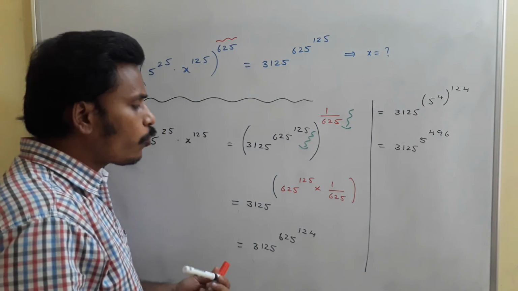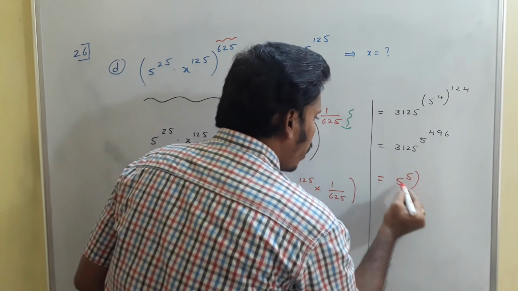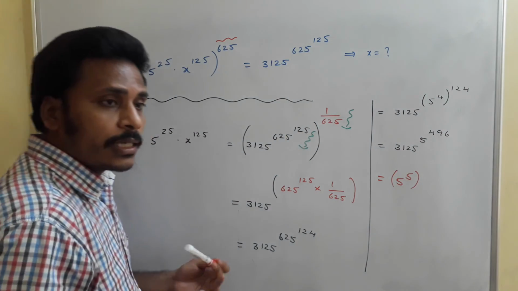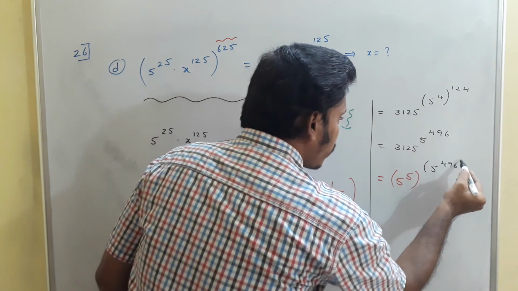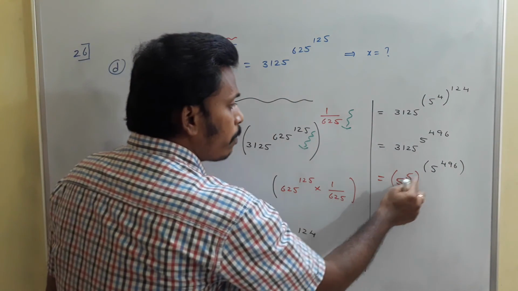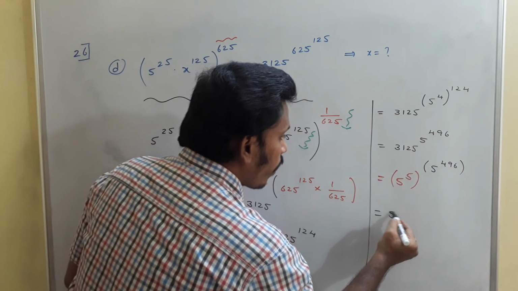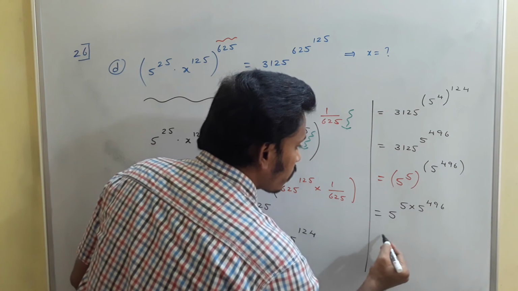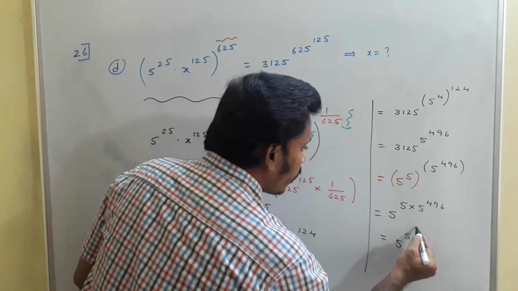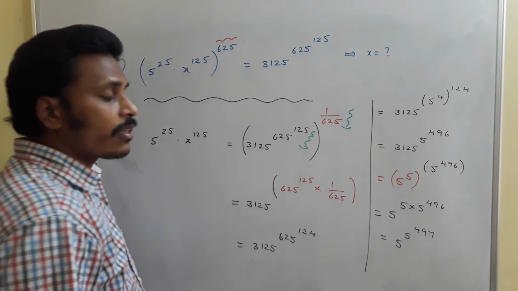If you rewrite 3125 as 5 power 5, so this is equal to 5 power 5 to the power 5 power 496. So a power m to the power n, we need to multiply these two. So this is equal to 5 power 5 into 5 power 496, that is equal to 5 power 497.